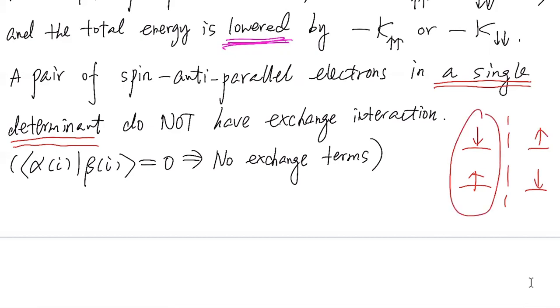However, this is not a spin eigenfunction. If you do a linear combination of these two, you will have a spin eigenfunction. And when you evaluate the expectation value based on the spin eigenfunction, in the integral you will have the interaction between these two determinants. And that will give you exchange interaction. Okay? And this is something special.